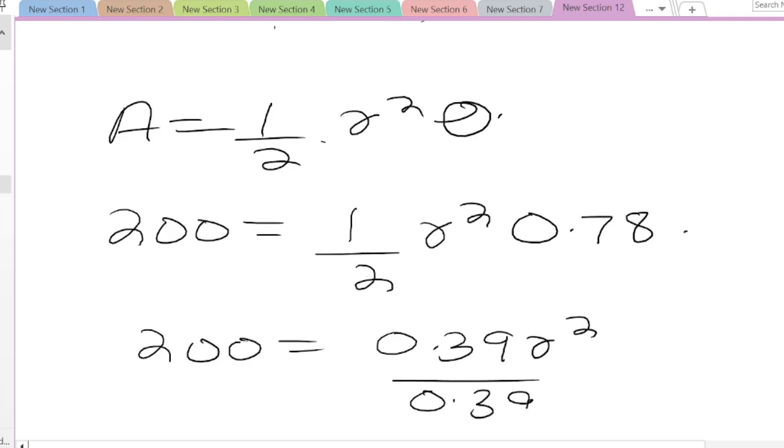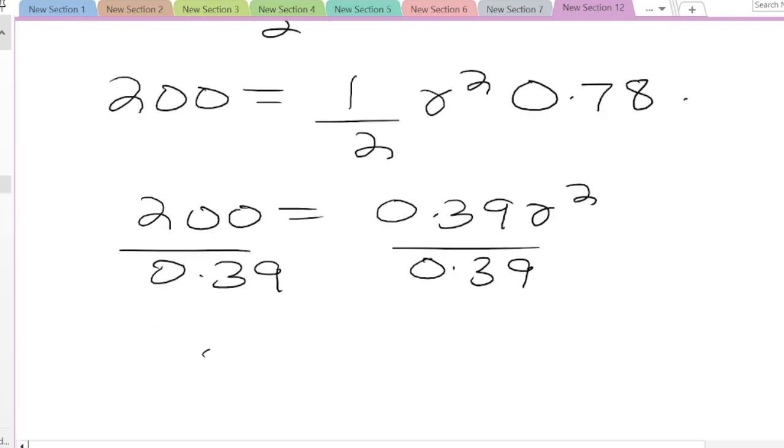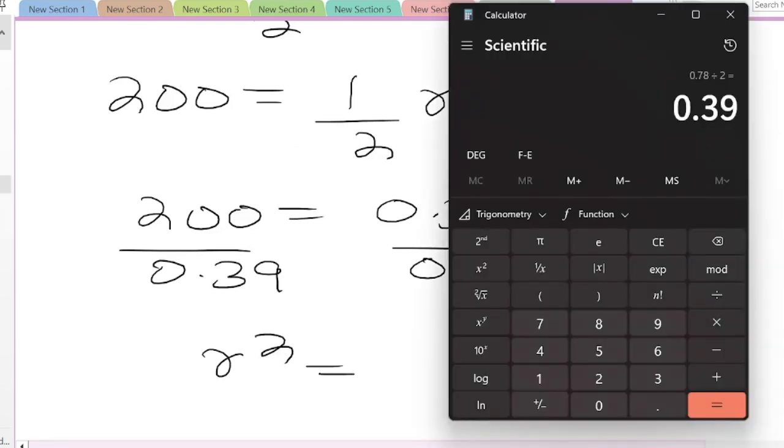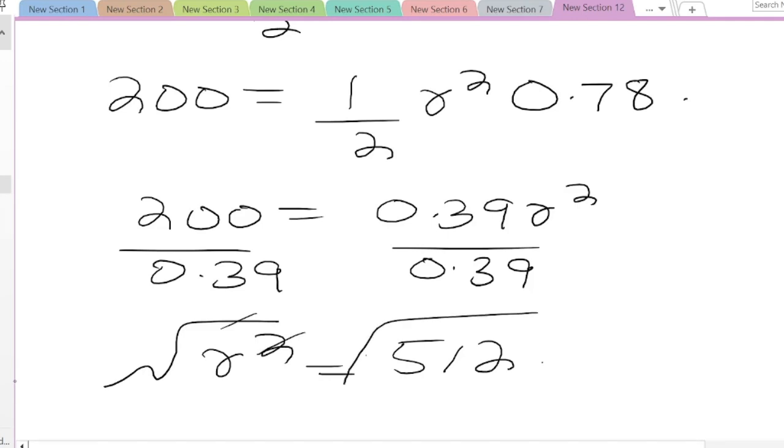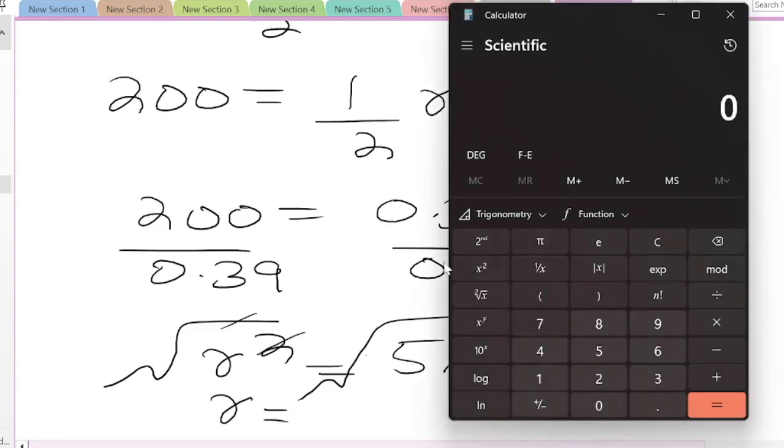Now 0.39 will be divided on both sides, and the value of r square will be 200 divided by 0.39. So this is 512, but this is the value of r square, so we're gonna take square root on both the sides, and r will be equal to the square root of 512.